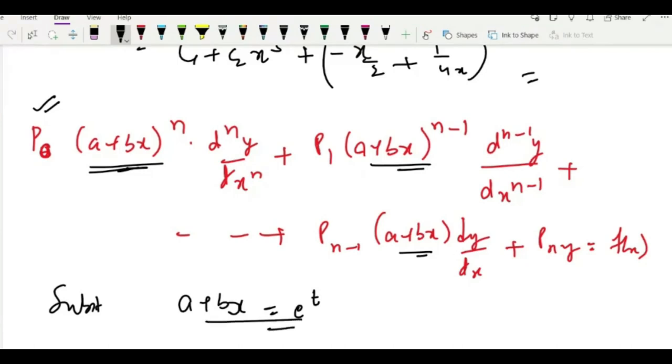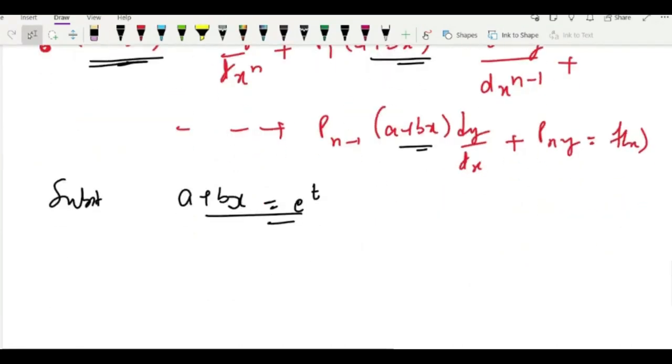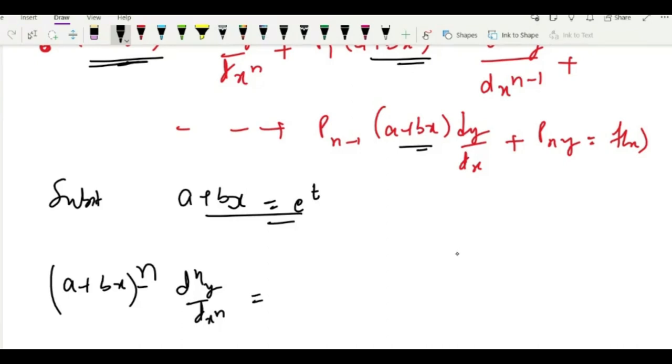And by this transformation, our derivative d^n y upon dx^n will be converted by this relation: (a plus bx) raised to power n d^n y upon dx^n will be converted into b raised to power n D(D minus 1) up to (D minus n plus 1) into y.